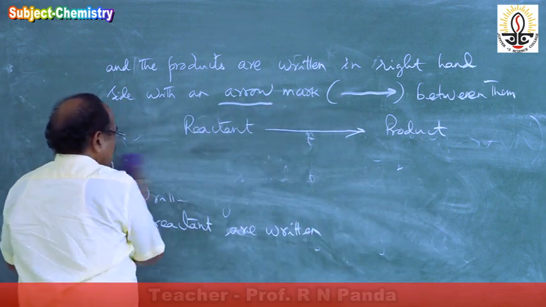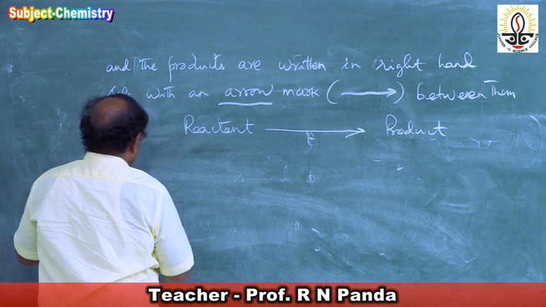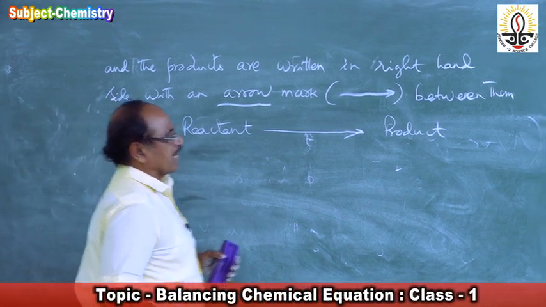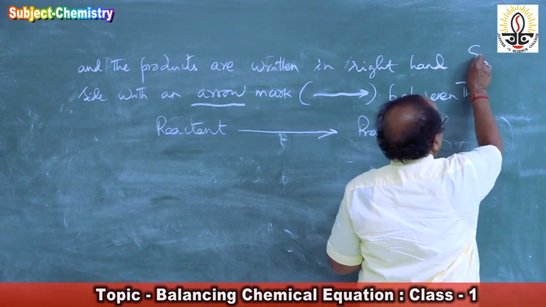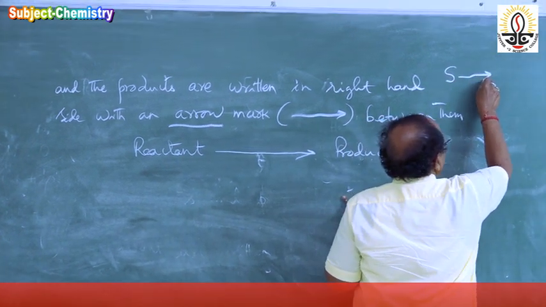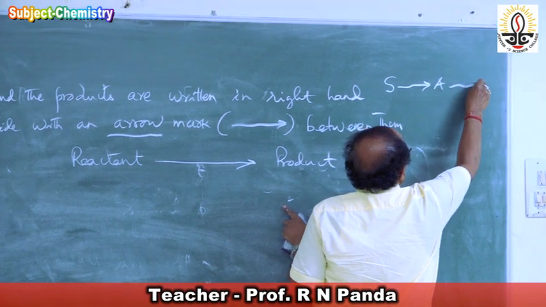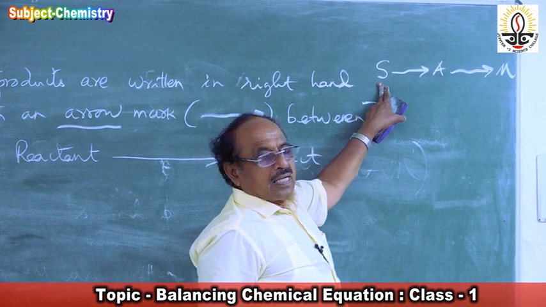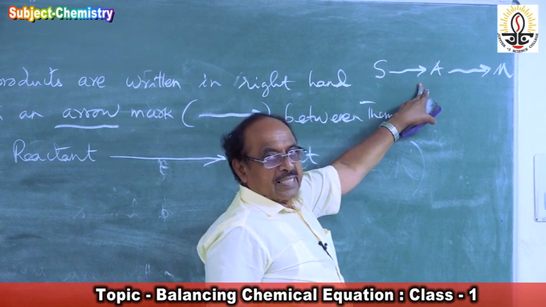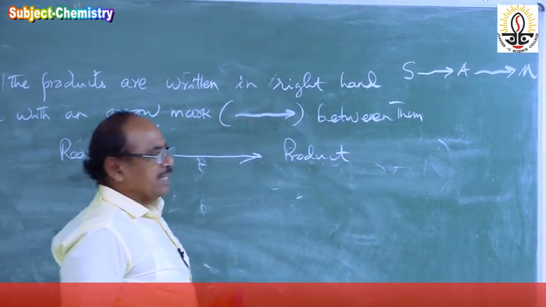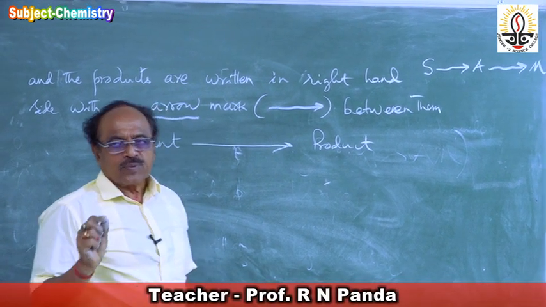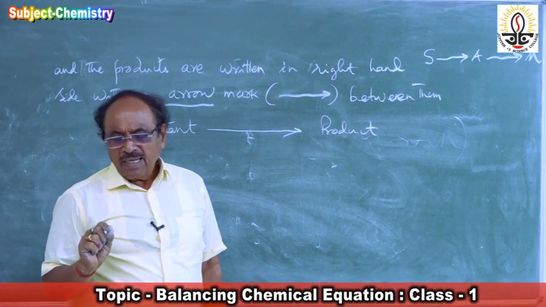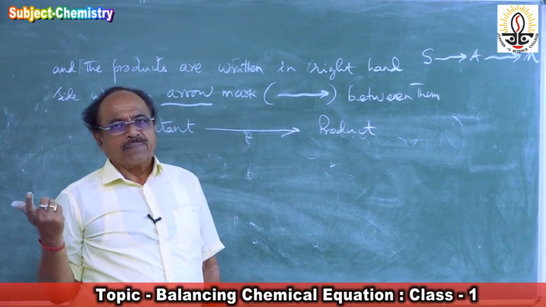So what we got is called the skeleton equation. It gives us SAM. I told you, first S, then A, then M. So what I did: the reactants and products are written by their chemical symbols or chemical formulae.